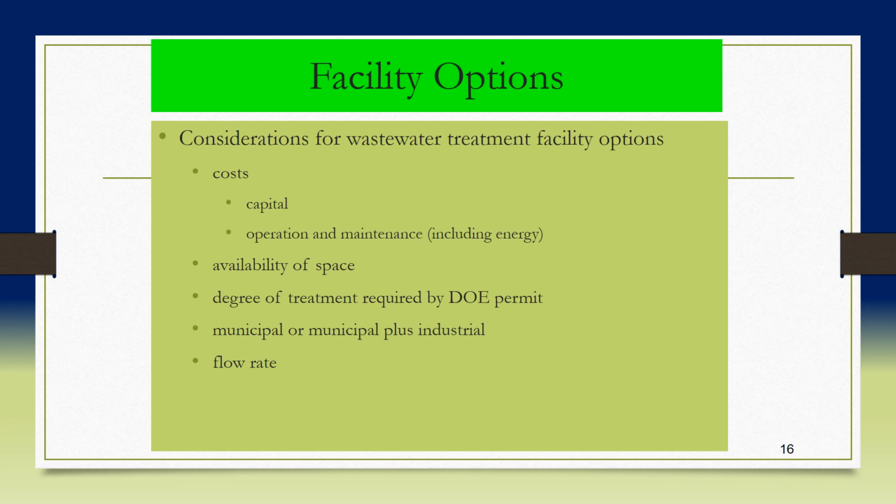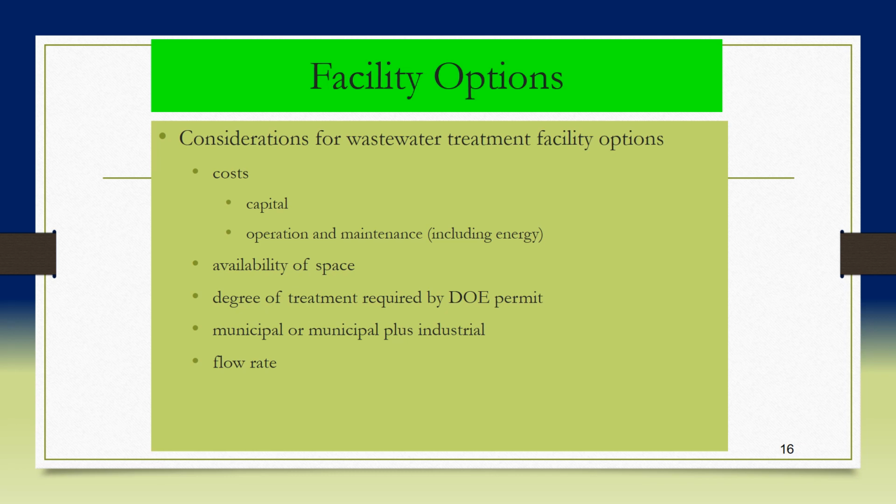Sama ada berbaloi kita membina plant kat situ ataupun kita hantar wastewater kita kepada tempat yang tertentulah yang boleh treatkan kita punya wastewater. So this is the consideration of factor need to consider before we build the wastewater treatment facility in the industry. That's why not all the industry have the wastewater treatment plant.